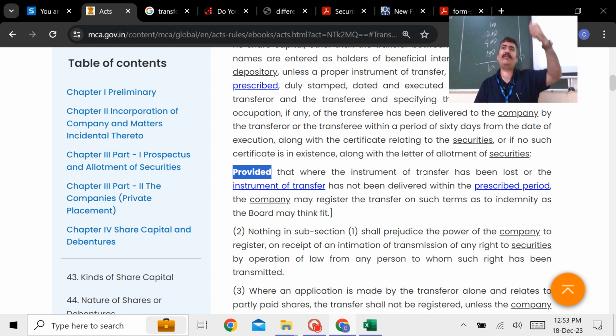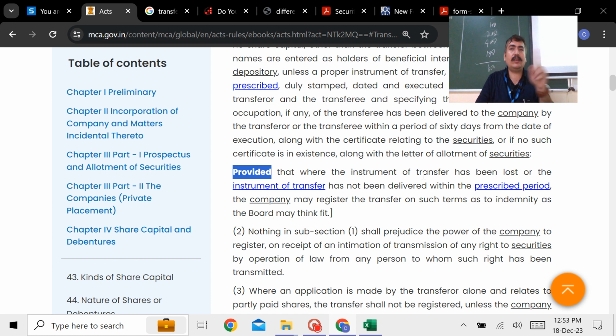But my form got lost and meanwhile the transferor has also died. Now how will I prove to the company that I am the real transferee? But still I have other evidence like an audio call, video recording, a photo in my phone. I have the complete photo and video of the transfer form. Can I convince the company on that basis?